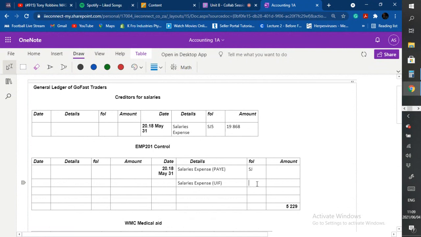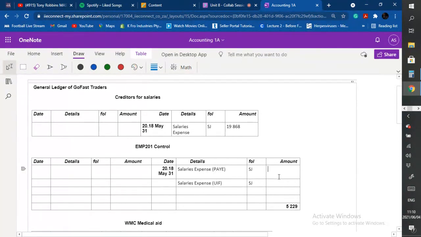Let me just put SJ for now. I'm just going to remove this 5. I don't know why they used 4 in the example. This is for January, in January, but then they put 11. So I don't know what these people are doing here, but oh well, it's okay. All right, so let's start there.